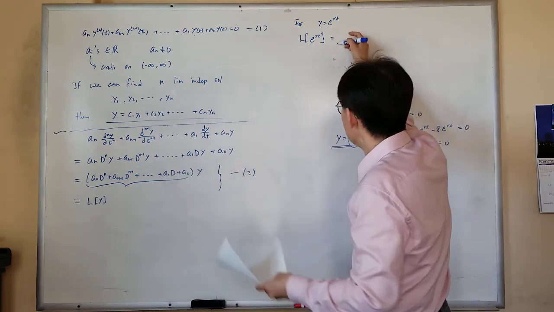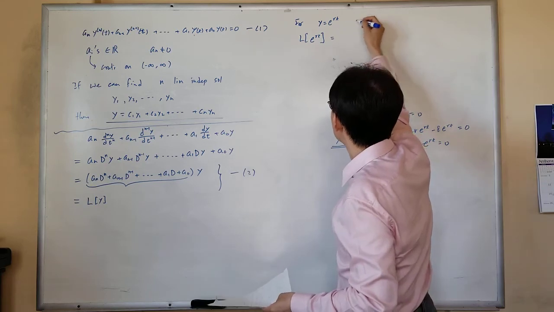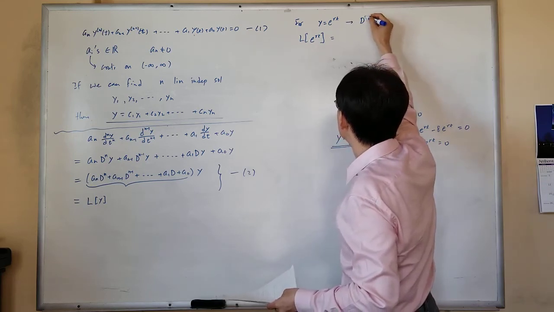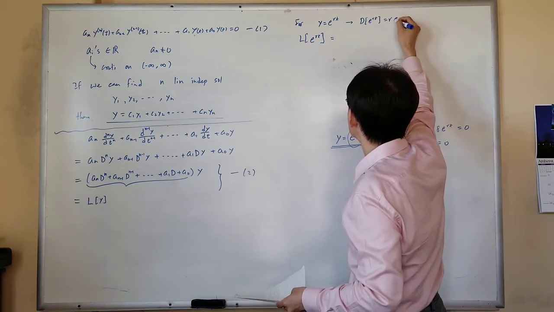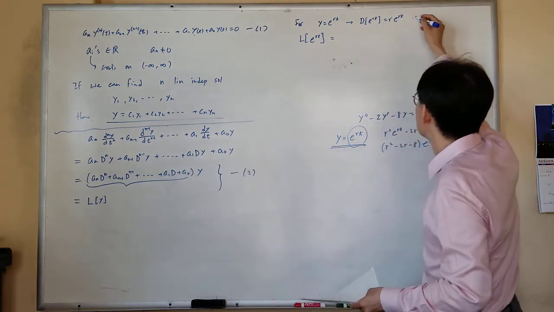Now, what is this? D of e to the rt is r times e to the rt, right? Just like that.